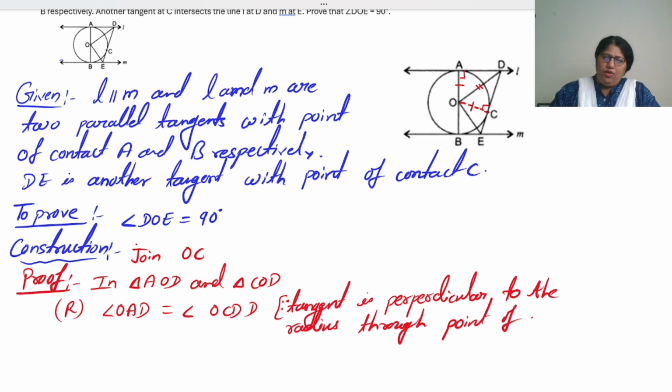You got this. Then the hypotenuse is the common side. So OD is equal to OD. That is nothing but the common side.